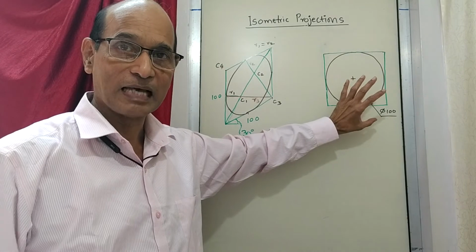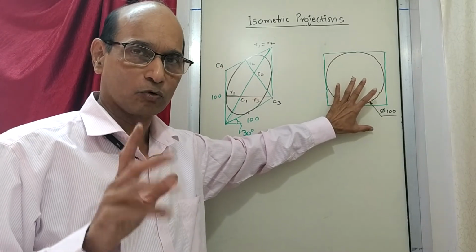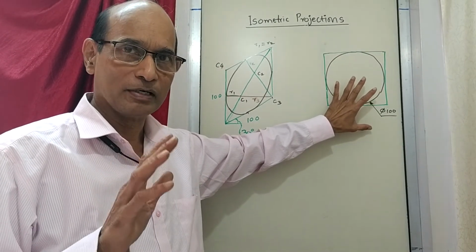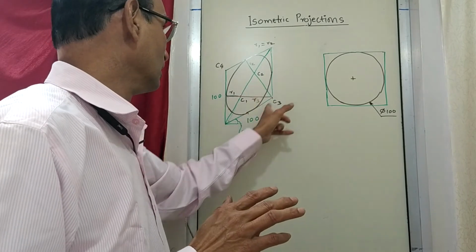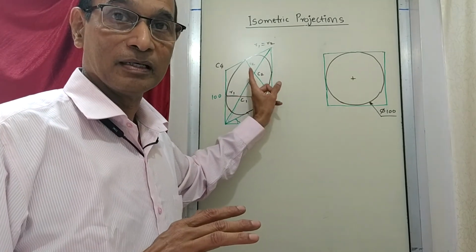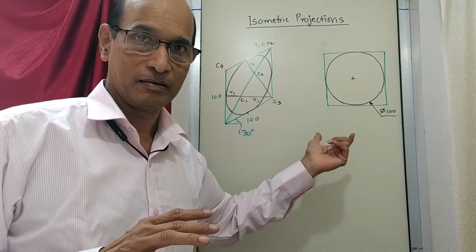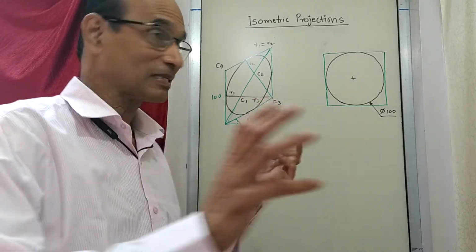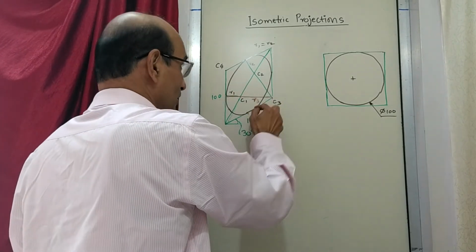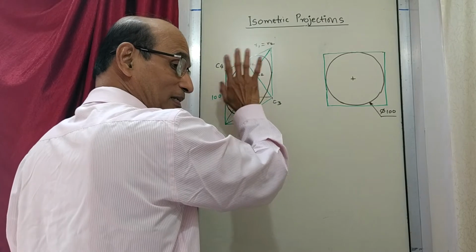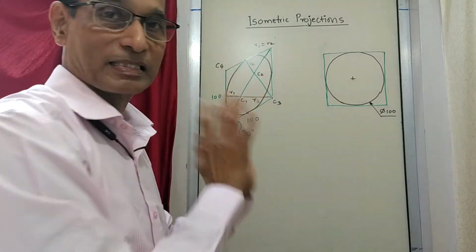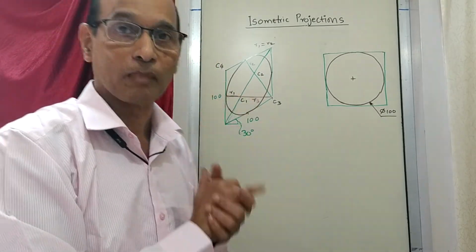The only thing is, as I said earlier, the circle drawn as an isometric circle is by an approximate method. This is not exact. The exact circle is slightly different, but we are going to accept this because the difference is not much.